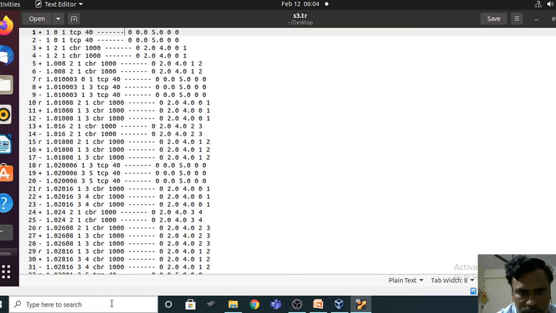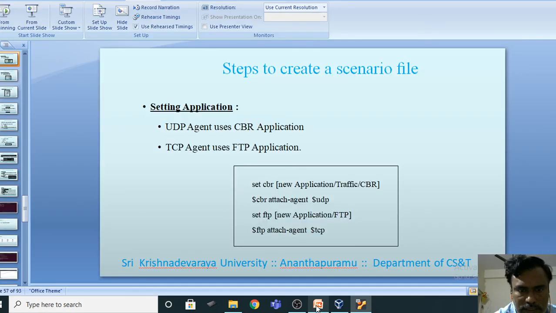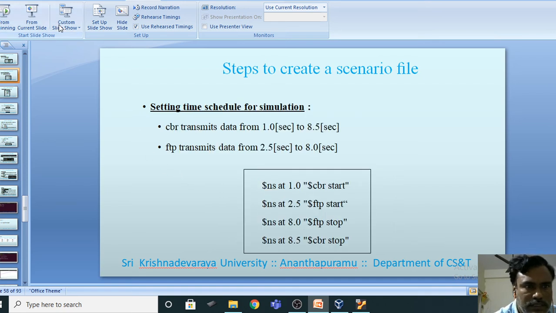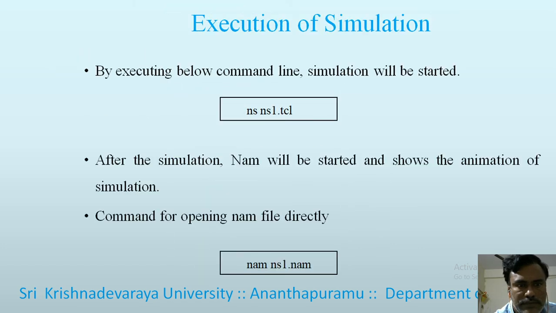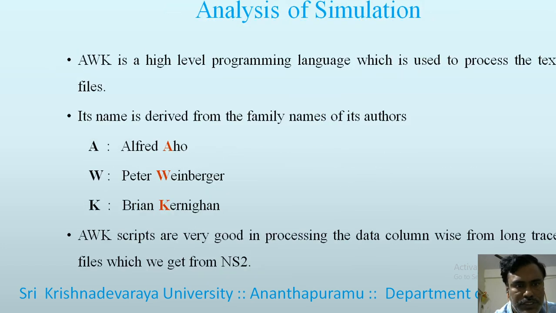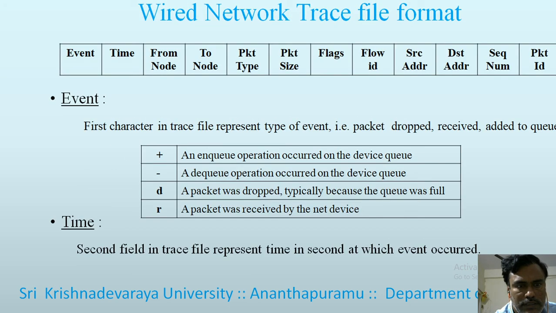Let me show the contents in the PPT also. What are the contents of this trace file? Let me go to the slideshow from the current slide. This is the trace file format.